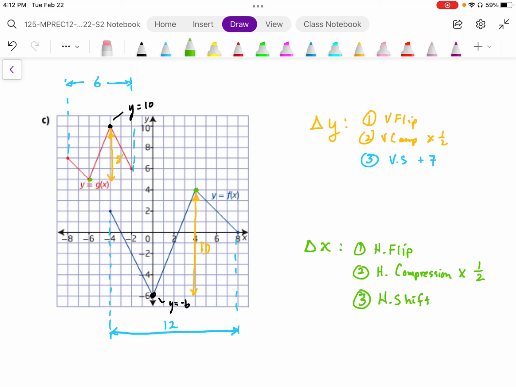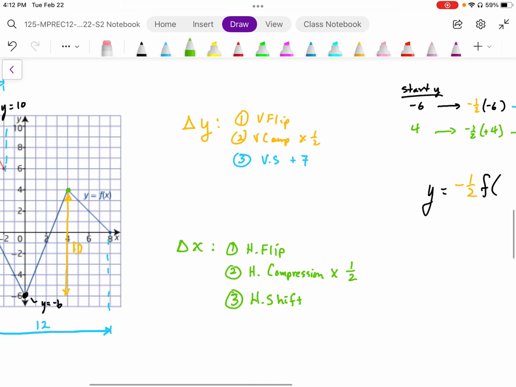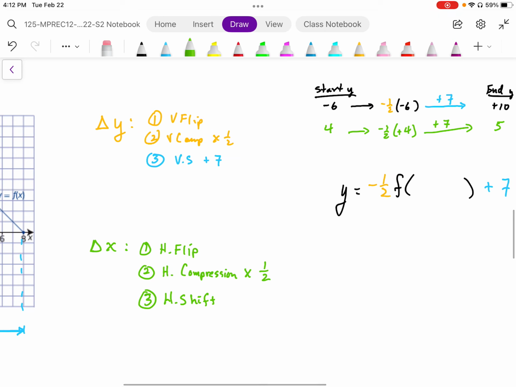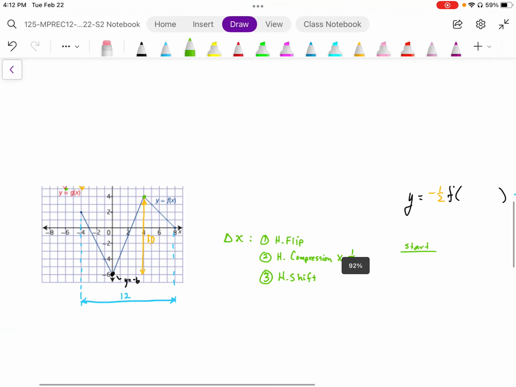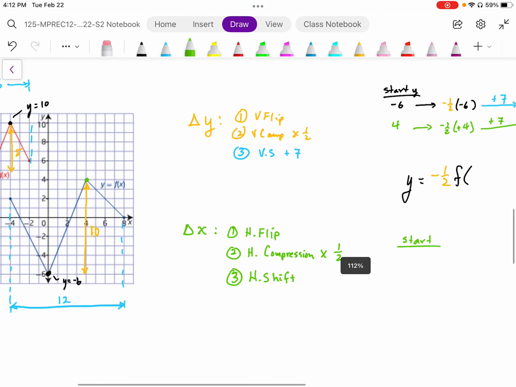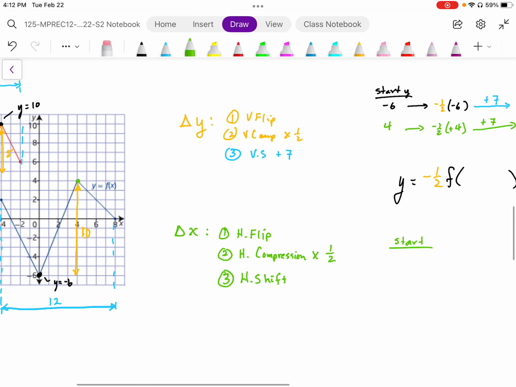And then we have to do a horizontal shift. So before I do that, I'm going to make sure I can keep track of my coordinates and figure out where I'm going to end up. So I'm going to choose a nice x coordinate. Let's choose a green point, x equals 4.